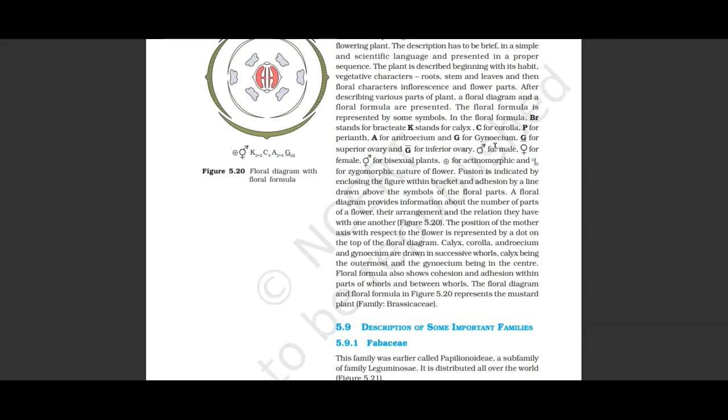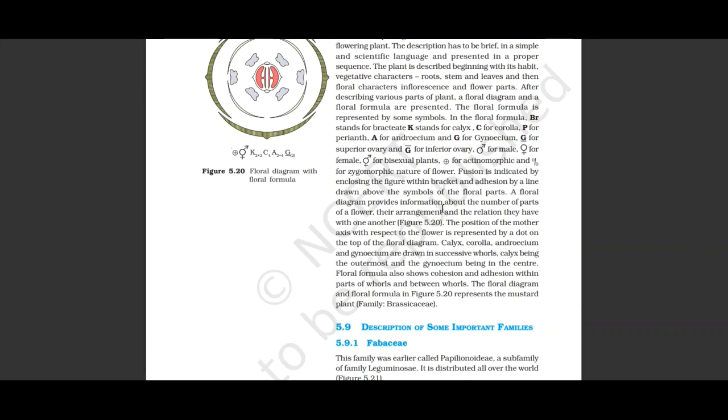This symbol is used for representing male structure and this symbol is for female. This is for bisexual flower. Circle with a plus sign is for actinomorphic and percentage sign for zygomorphic nature of the flower. Fusion is indicated by enclosing the figure within brackets, and adhesion by a line drawn above the symbol of the floral part.